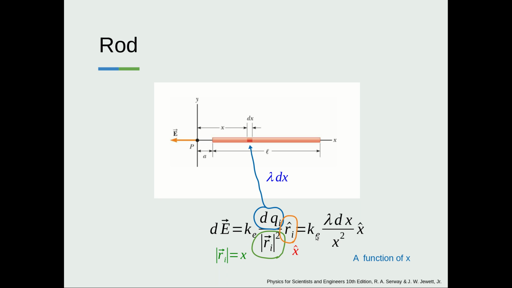So k_e is constant, lambda is constant, this is x, and this is x, this is the direction of x. Then you can make it very simple. And I think from this case, you can also see one thing. When you are doing the integration for electric field, the choice of your coordinate system is very important.